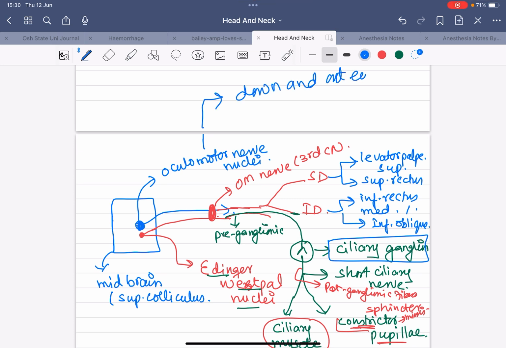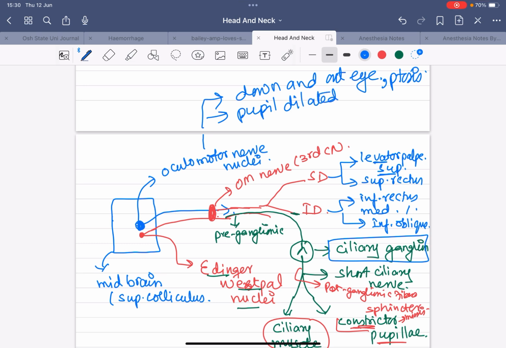Plus one important thing you must remember, along with the down and out eye there will be ptosis, because it also innervates the levator palpebrae superioris. The pupil will become dilated. Why?